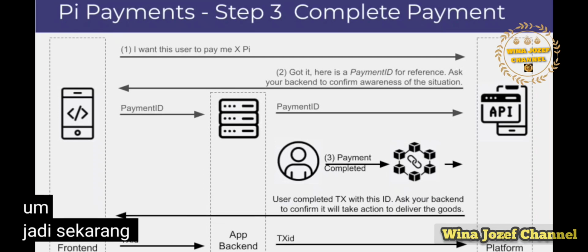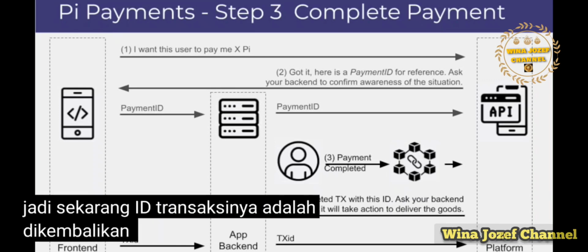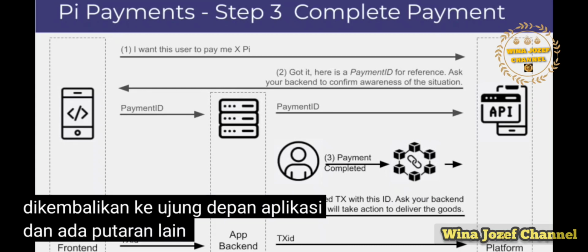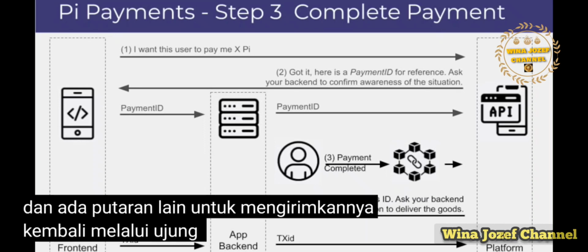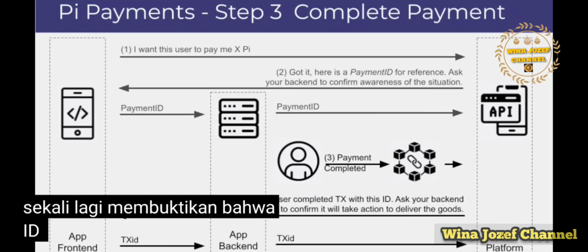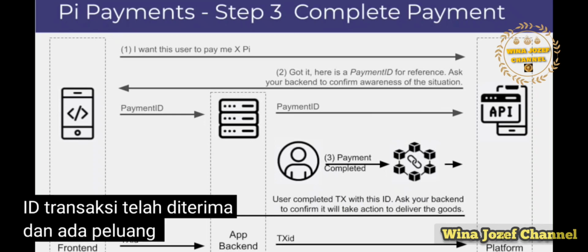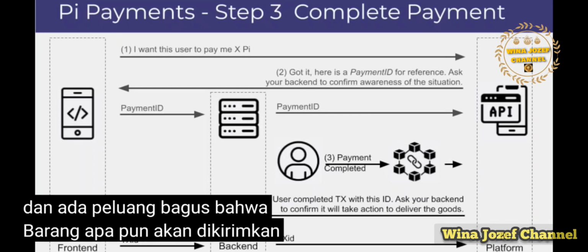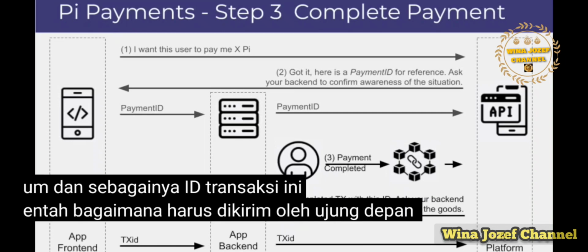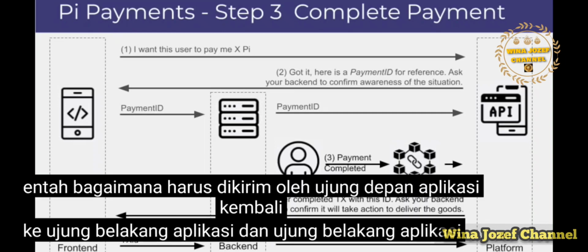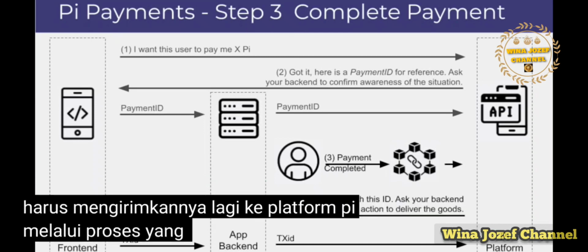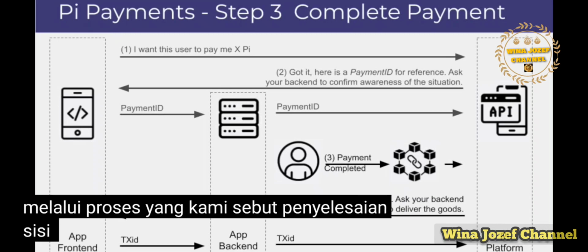So now the transaction ID is returned to the app's front end, and there is another round of sending it back through the backend in order to, once again, prove that the transaction ID has been received and that there is a good chance that whatever goods will be delivered. And so this transaction ID has to be sent by the app's front end back to the app backend, and the app backend has to send it again to the Pi platform through the process that we call server-side completion.